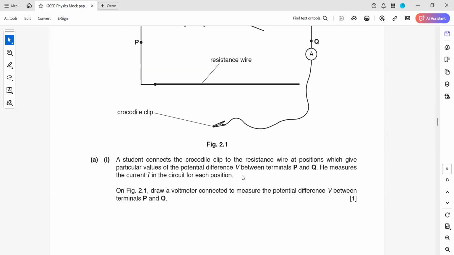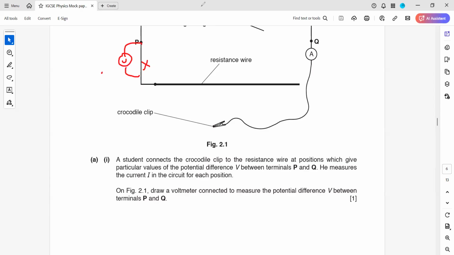And use the correct symbol for the voltmeter. No, this is not right. If you connect a voltmeter at this point, that is not correct. Why is it not correct? Because a voltmeter is always connected in parallel. If a student connects a voltmeter here, that's wrong.